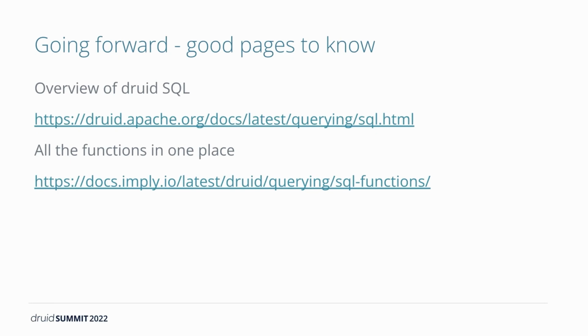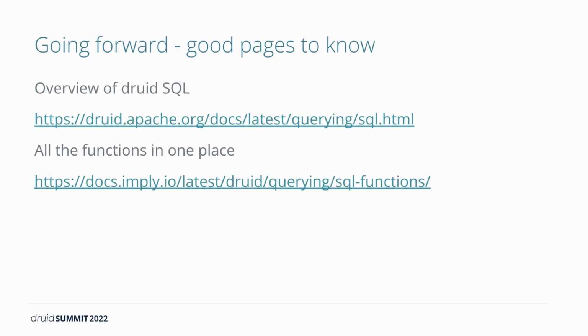So when you get more familiar with it, you might just be looking for particular functions like MVD functions that start with MV underscore, and you don't want to have to click through to the right subsection to find them. Everything's here in alphabetical order, and you can just go in there and look for it.